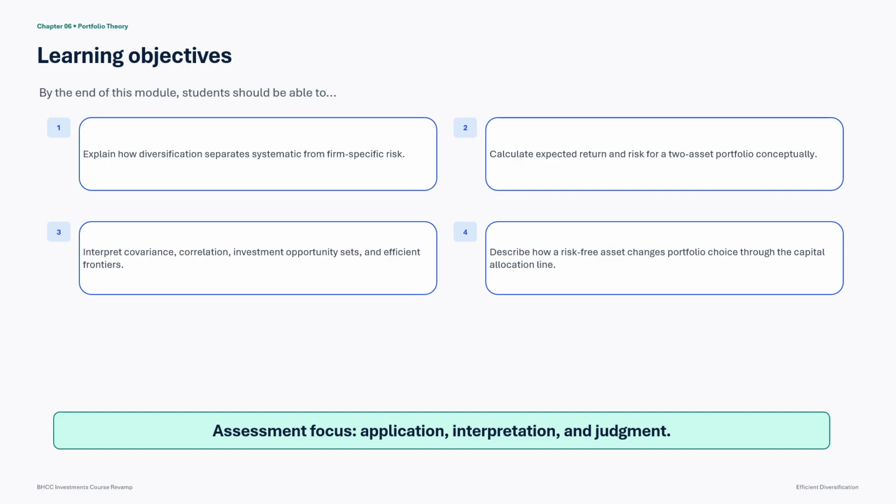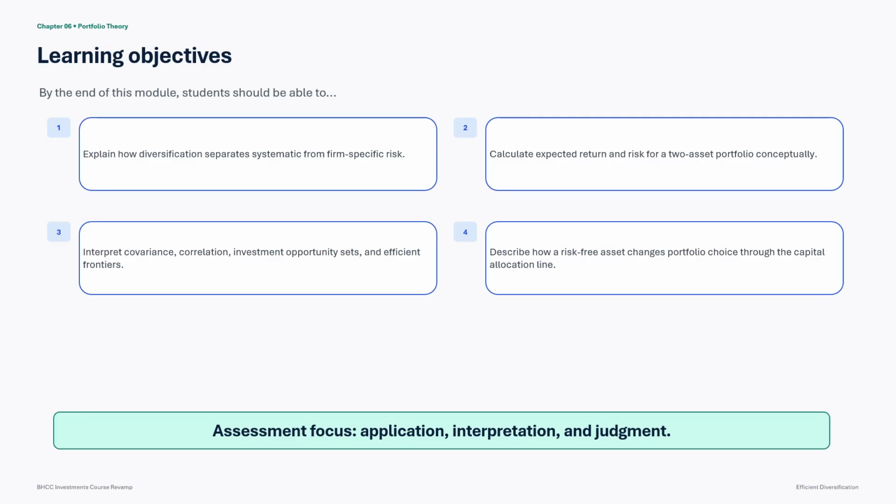Second, you should be able to calculate and interpret expected return and risk for a 2-asset portfolio. Expected return is a weighted average. Portfolio variance is not. Risk depends on the weights, the volatility of each asset, and the way the 2 returns move together. Third, you should be able to use covariance, correlation, the investment opportunity set, and the efficient frontier.